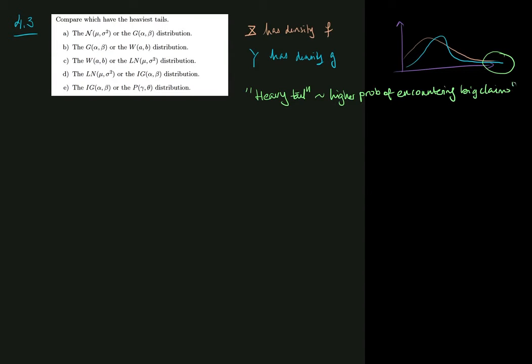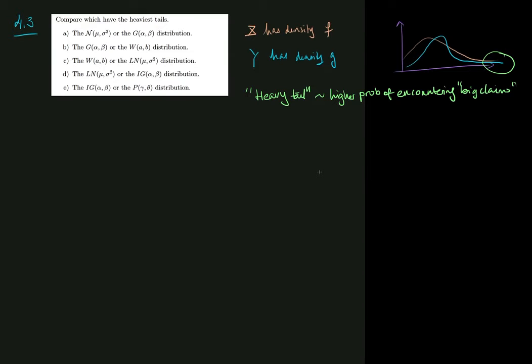Everything is kind of in quotation marks here because I'm just trying to explain the intuition. So what do I mean by heavy tail distributions? They model claims where you have a higher probability of encountering big claims.